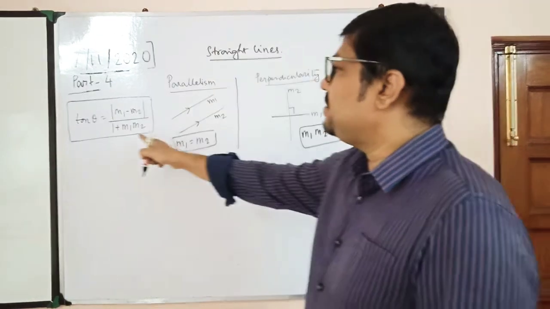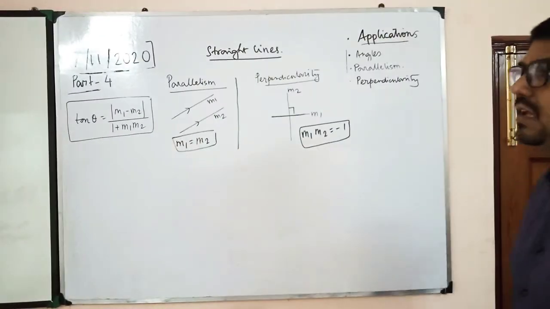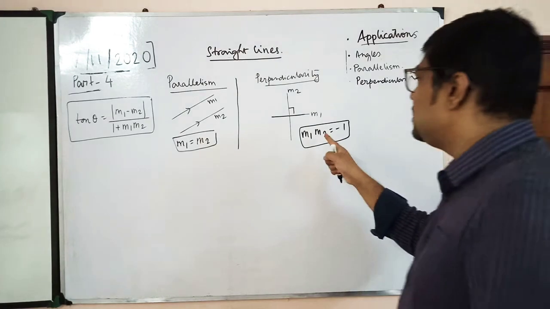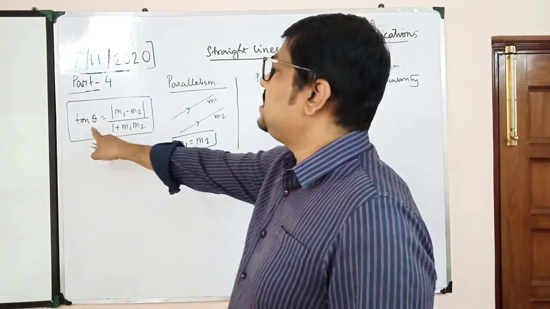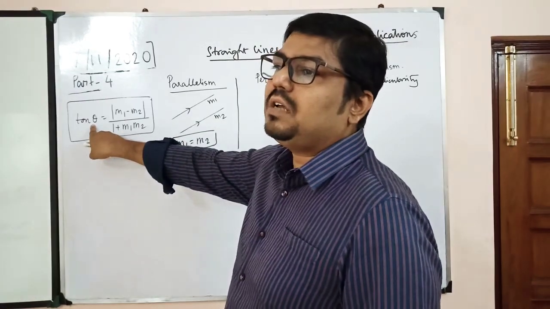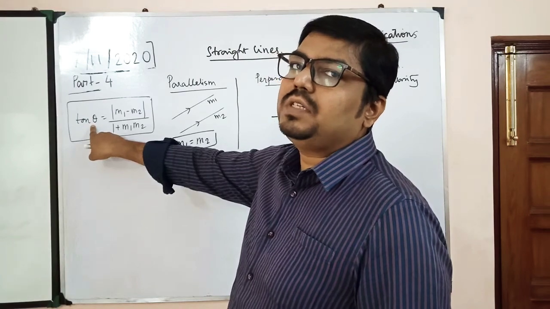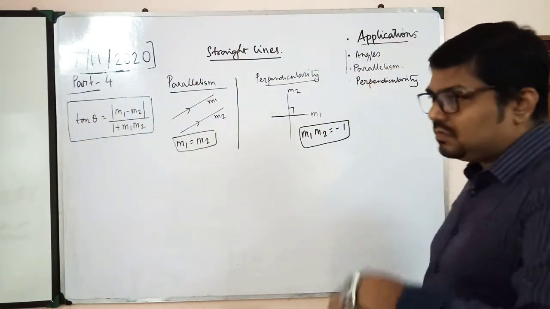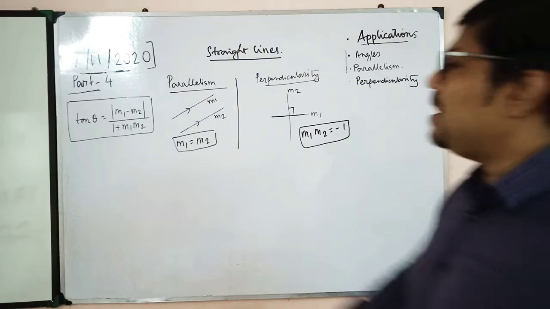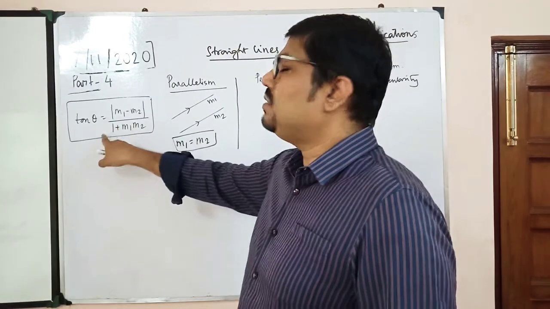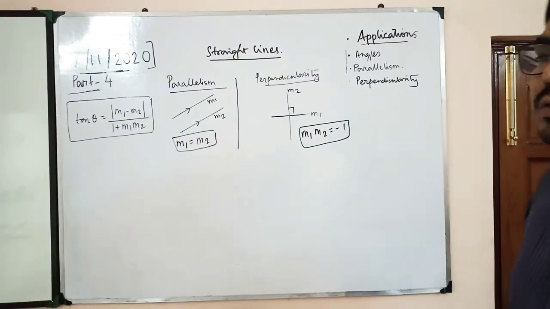It can be proved from the angle between two straight lines, because tan theta becomes tan pi by 2, which is undefined. That means division by 0. So 1 plus m1 m2 is equal to 0, so m1 m2 becomes -1.